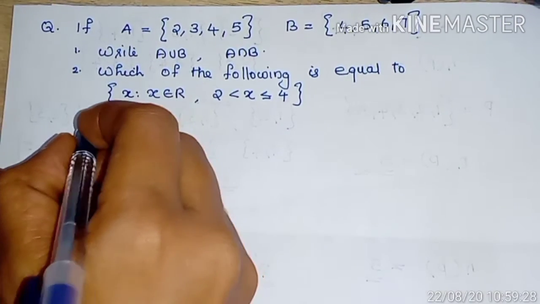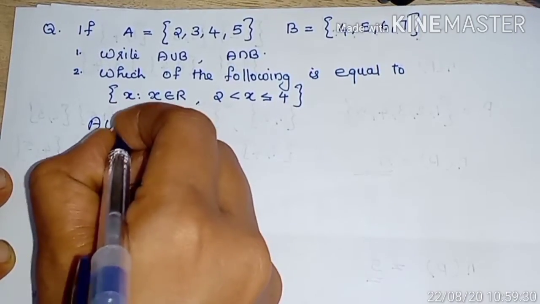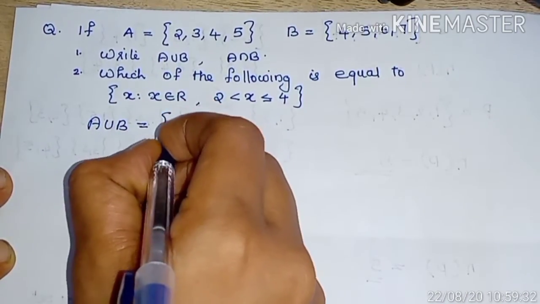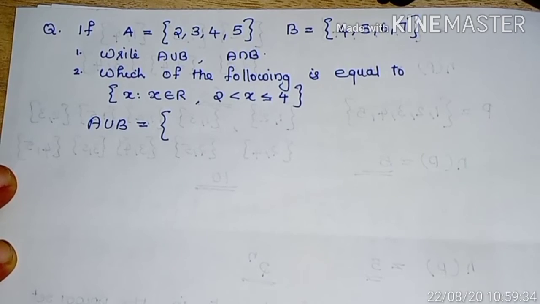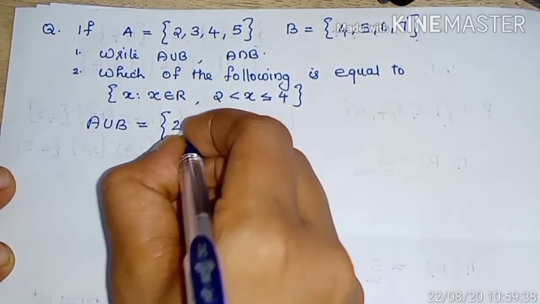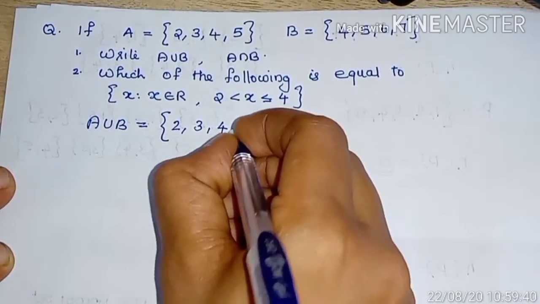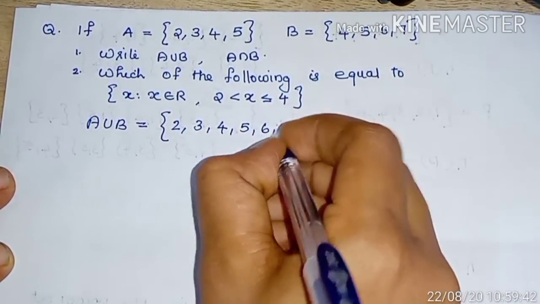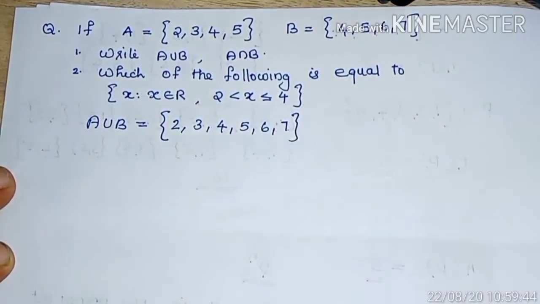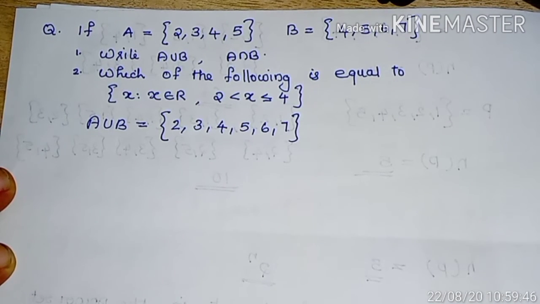For that, first, we want to find out A union B. A union B is equal to the set of all elements either in A or in B or in both. Which are they? 2, 3, 4, 5, 6, 7. 2, 3, 4, 5 is in A and 4, 5, 6, 7 is in B. So, A union B is equal to {2, 3, 4, 5, 6, 7}.